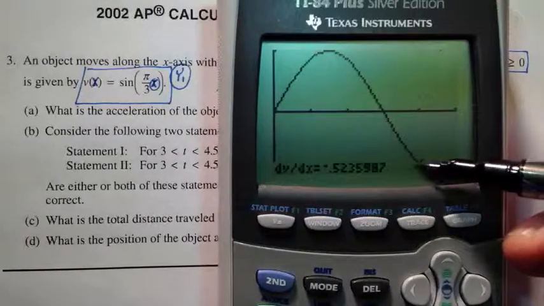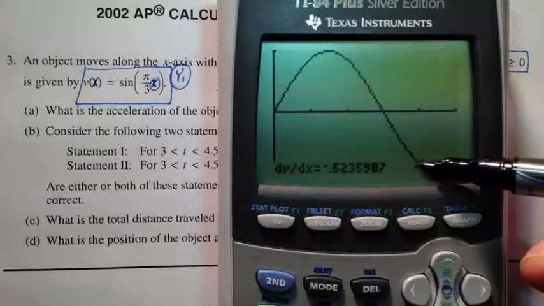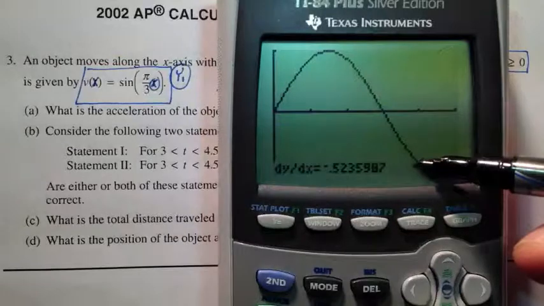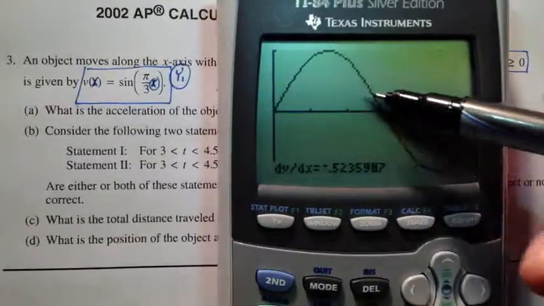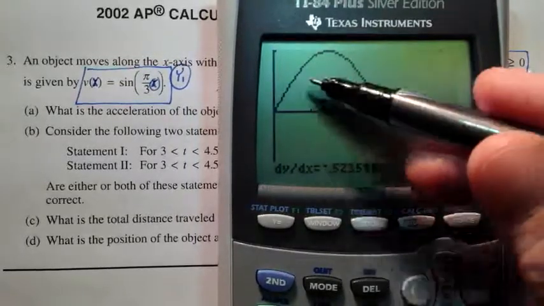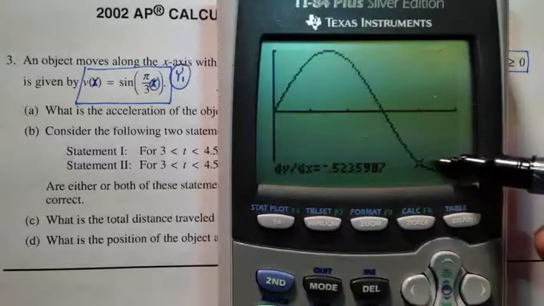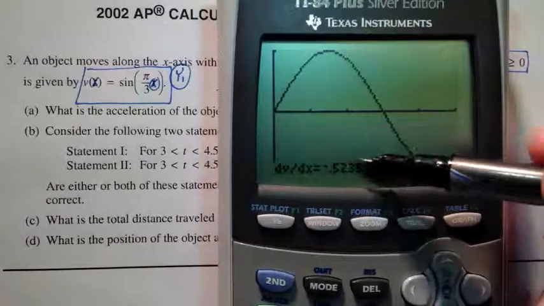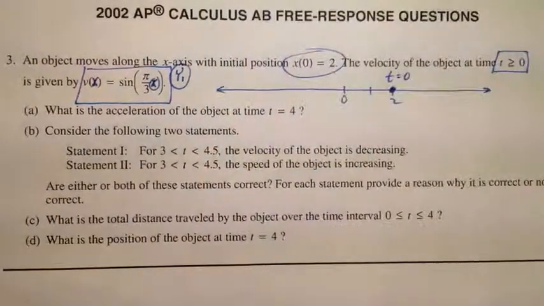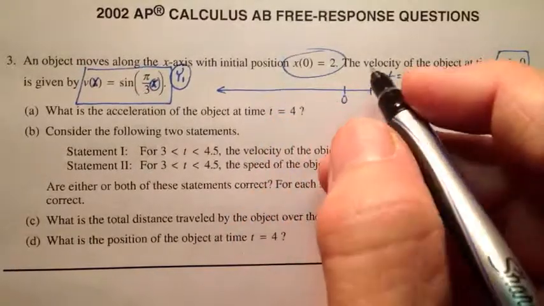So we can see right down here, I don't know if you can see that on my calculator or not, but right down there is the cursor. That's the position of the cursor when t equals 4. And we can see the dy dx, which, interpreting the derivative of this function with respect to x, since this is the velocity, the dy dx is the acceleration, and the acceleration at time t equals 4 is right here, negative 0.524 if we round to the nearest 3 digits after the decimal.